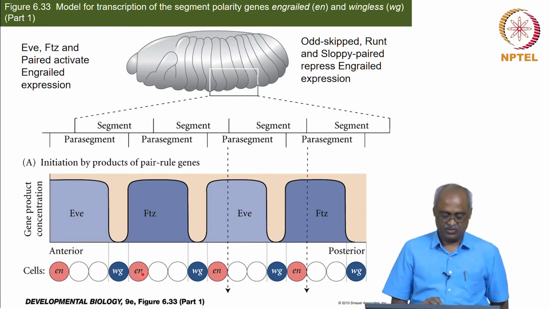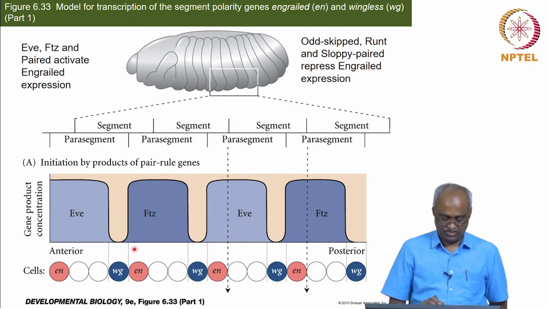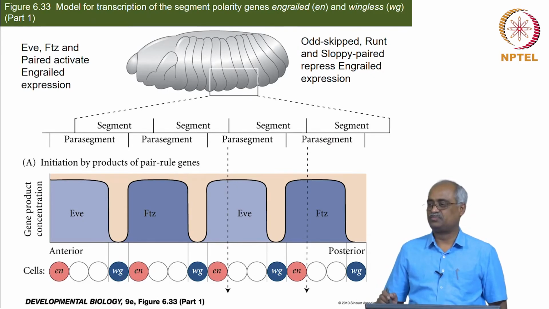So as a result you have one row of cells in each parasegment expressing engrailed, and another row of cells expressing wingless. Here you have FTZ low, that is why you do not have engrailed and you have wingless. And this pattern gets established: engrailed, wingless, engrailed, wingless, like that.